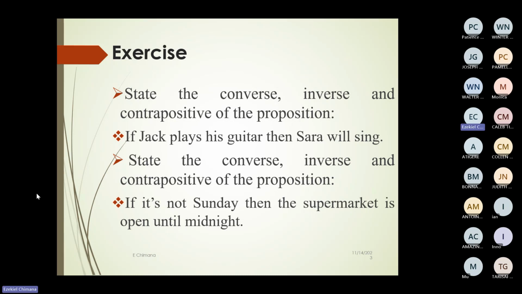Sarah will what? Will sing if Jack plays his guitar. That's the converse. Is it the correct way of saying it? Remember, we need the if-then there, because it's an implication.